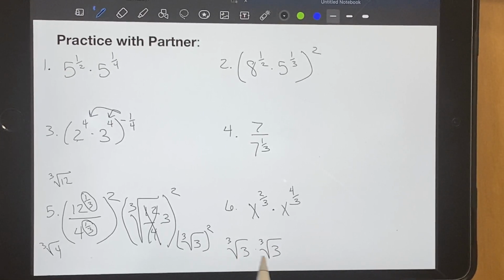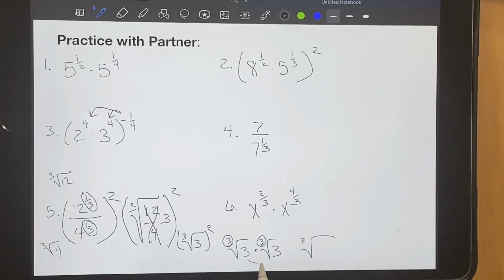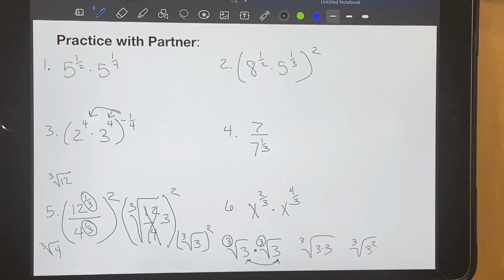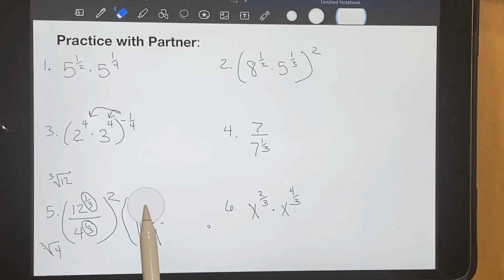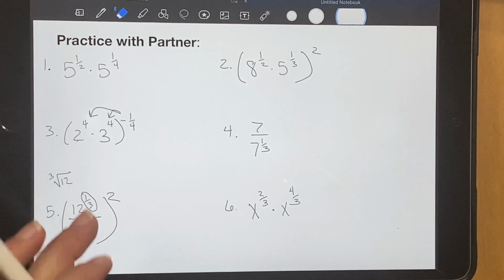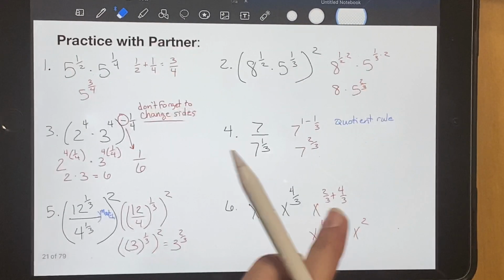We have both of them. And because of our root rules, we know when we have a multiplication with the same index, we get to combine what is underneath. So we could write it as the cube root of 3 squared in that way. And so now we know that our base is 3. I have 2. I need 3. And so now I have 3 to the 2/3 as my exponent. So hopefully you can see that all of our previous rules are working together with all of the rules that we have now.